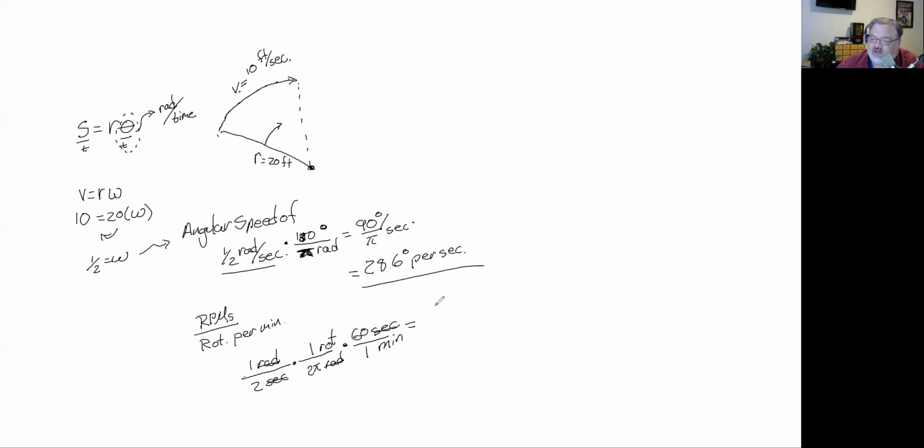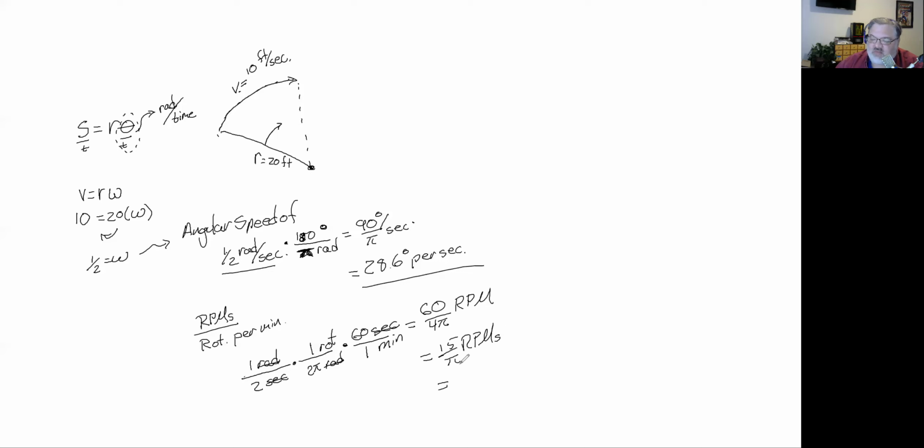So 1 times 1 times 60 is 60, and 2 times 2 pi times 1 is 4 pi, so it's 60 over 4 pi rotations per minute. We could reduce that real quick to 15 over pi RPMs.